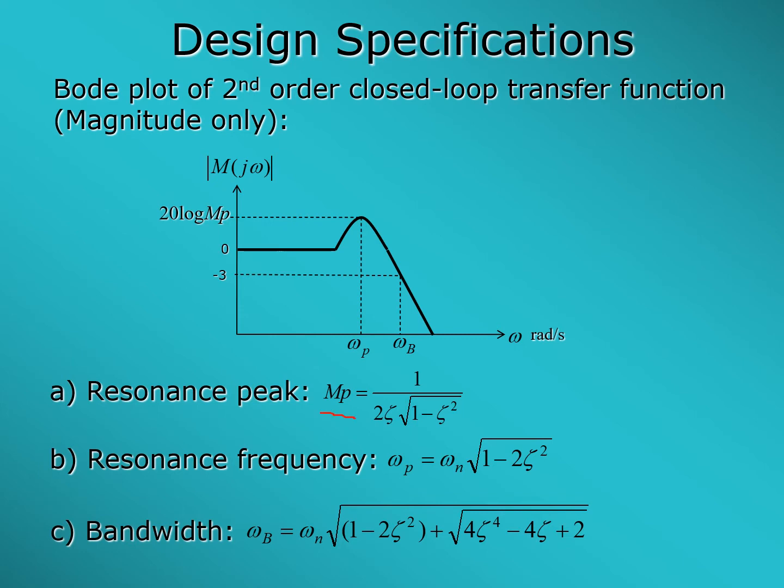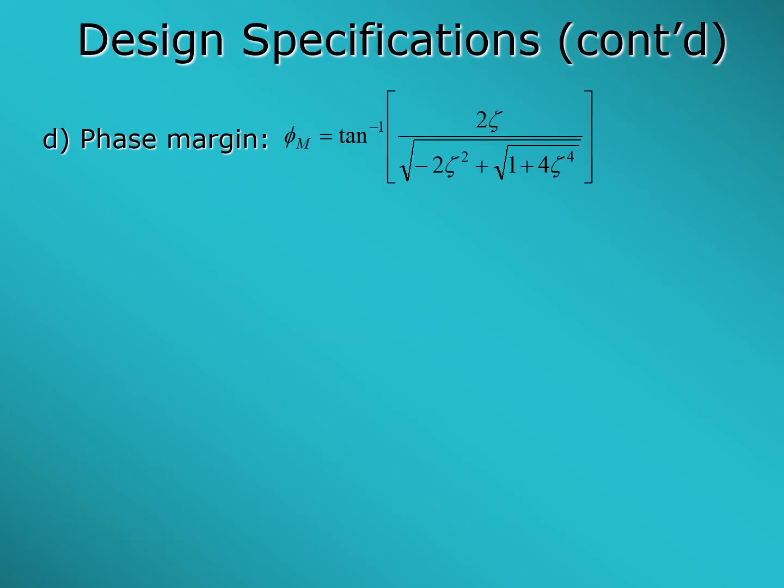The second is the resonant frequency omega p. The third is the bandwidth omega b. All these three consist of the damping ratio information, so you can calculate Mp, omega p, and omega b. The final specification is the phase margin, phi m, which you can also calculate from the damping ratio.